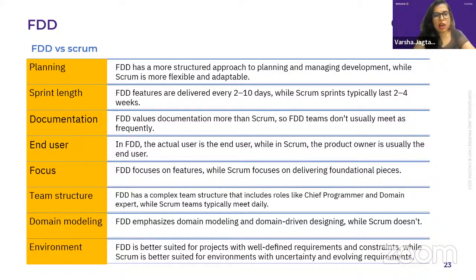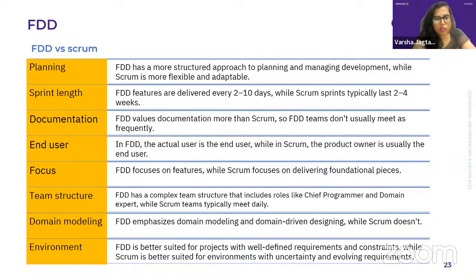So this is basically how he had done it. He took feedback from end users, or somebody from that group. While in Scrum, they have assigned a product owner, who would be a BA and would kind of play the role of the end user. FDD focuses on features while Scrum focuses on delivering foundational pieces.